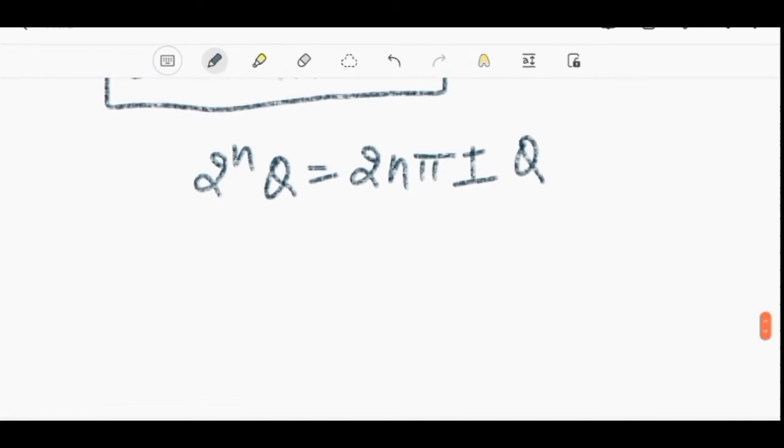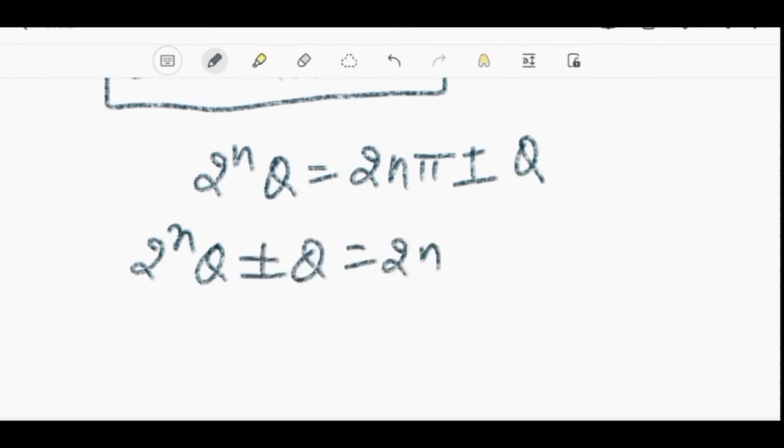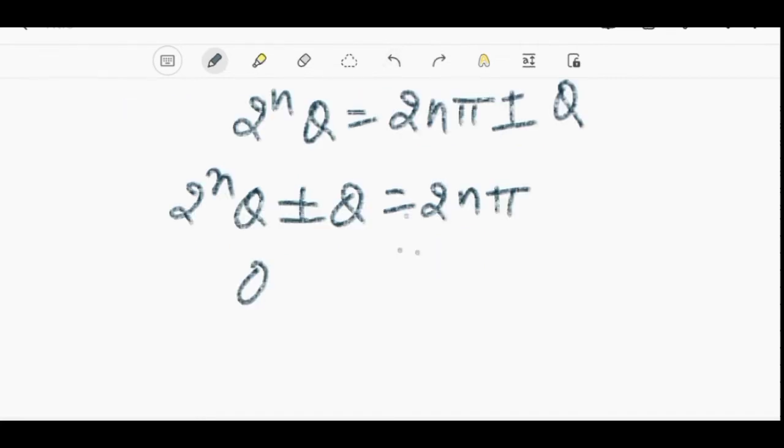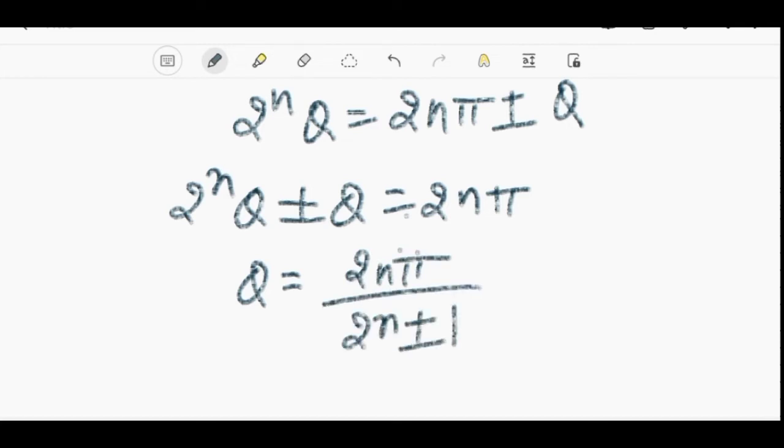This implies that 2 raised to the power n theta minus or plus theta equals 2n pi. So theta equals 2n pi divided by 2 raised to the power n plus or minus 1.